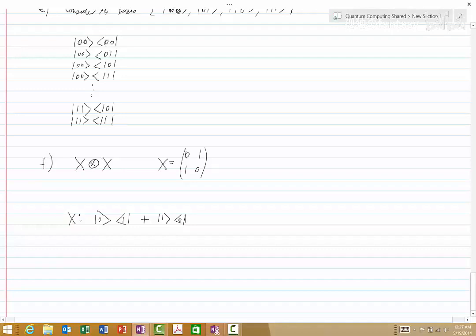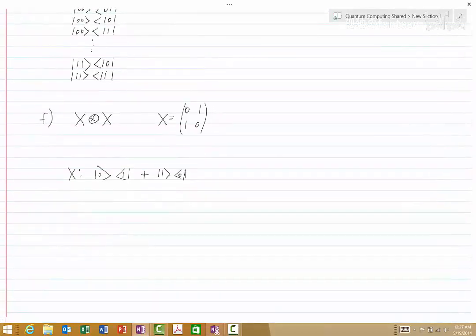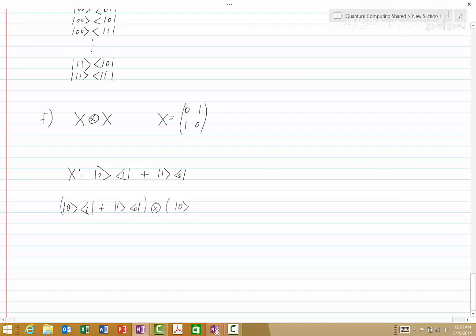And so now, if we want to take the tensor product of X with itself, we will have the following: |0><1| plus |1><0|, and then tensor product with the same thing: |0><1| plus |1><0|.